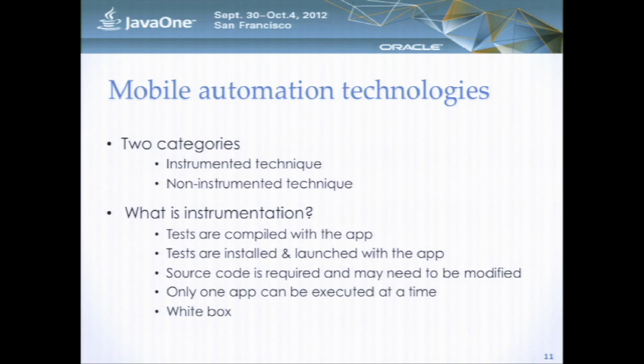Then we talk about a less strict form. It would still sometimes require source code and may still need you to modify the source code in order for your test to run. A good example of that is iOS, the UI Automation library. What it does is use the accessibility feature to give you hooks into your mobile application, such that you can use those hooks to drive your tests.